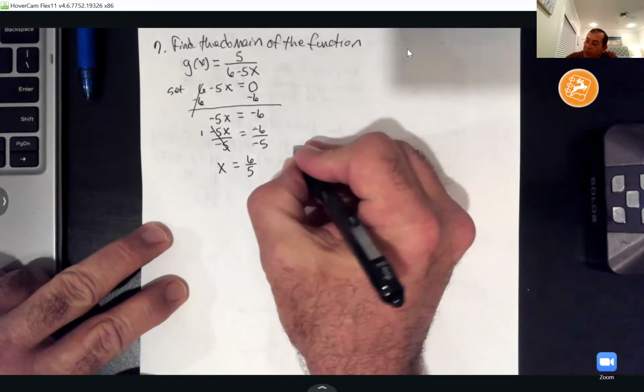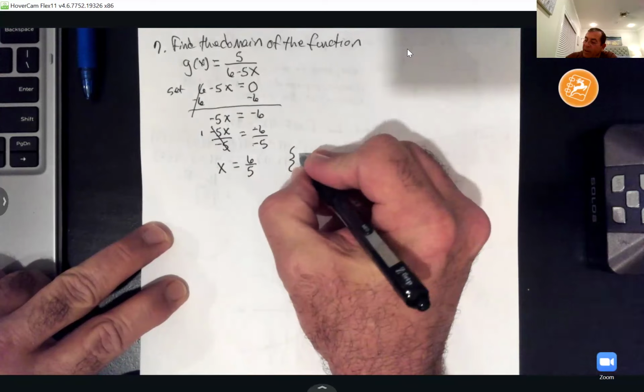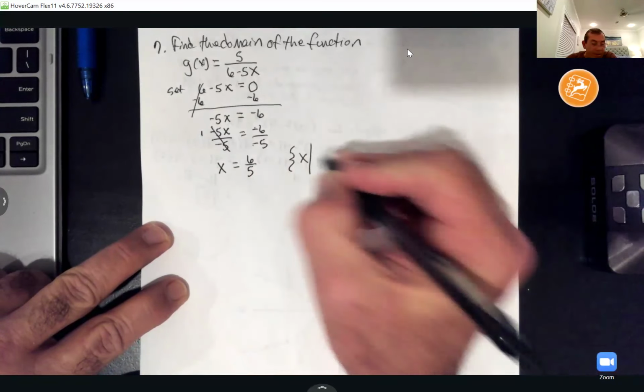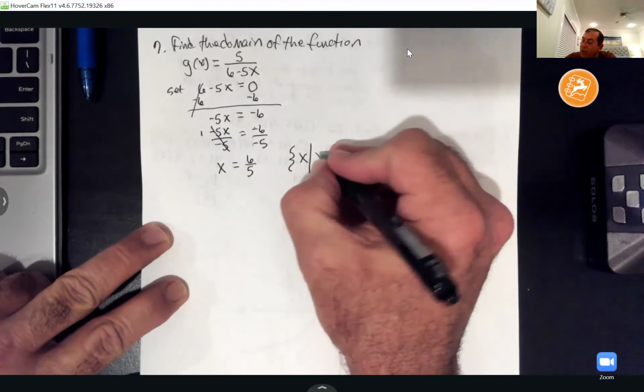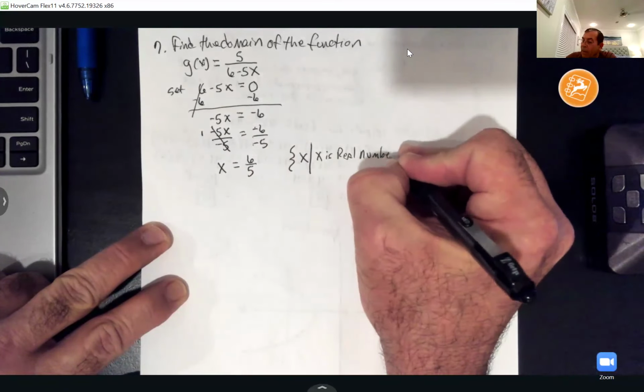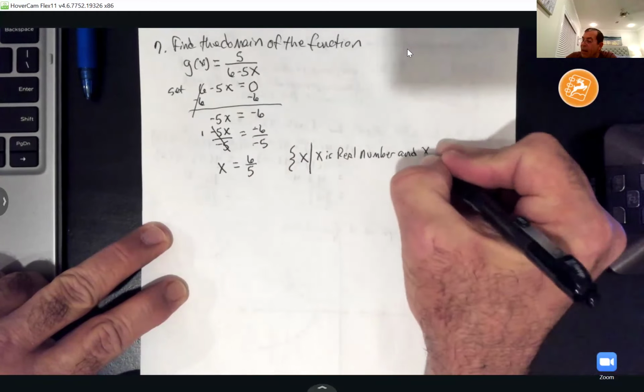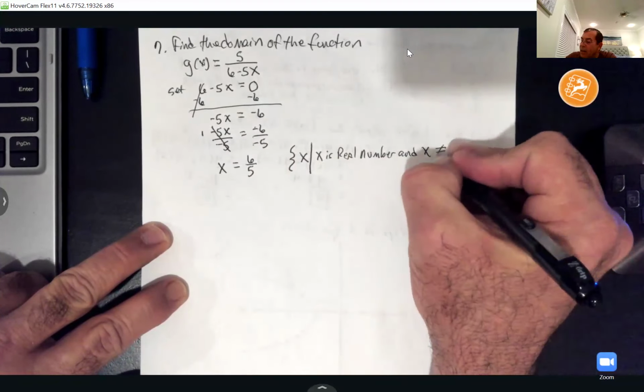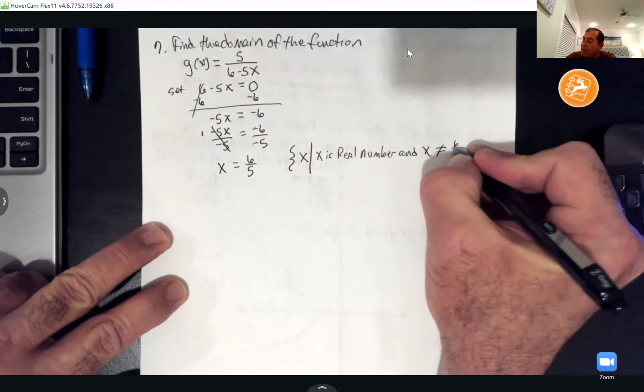So the answer you would choose on this would be x such that x is a real number and x cannot equal 6/5.